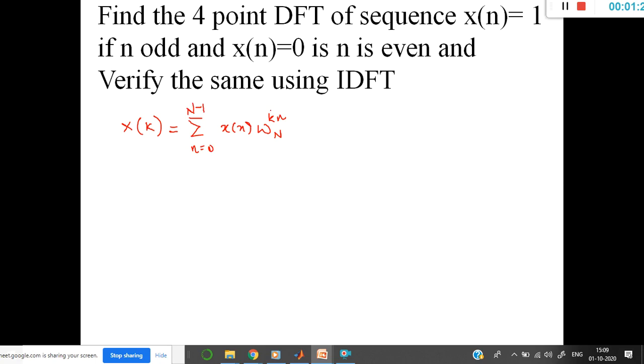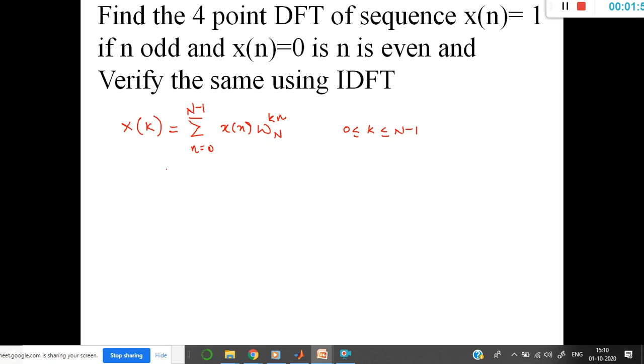Where the value of k is in the range of 0 to N minus 1, right? Again, this is the traditional method, where you can solve this by putting k equal to 0 and n equal to 0, 1 and so on.